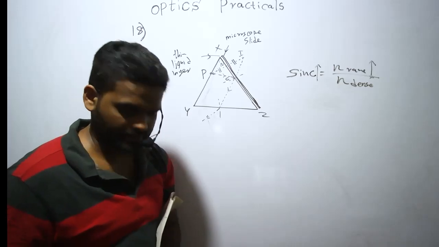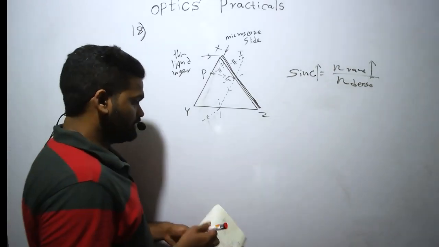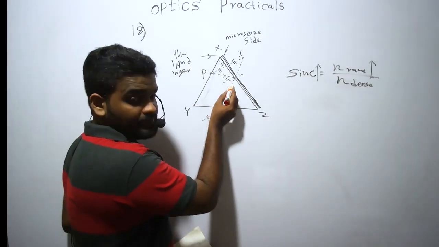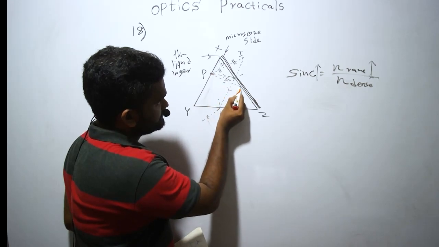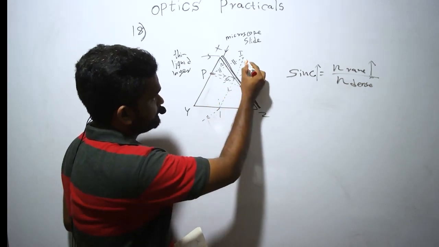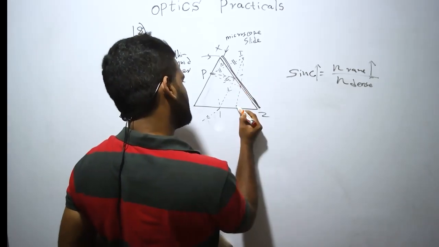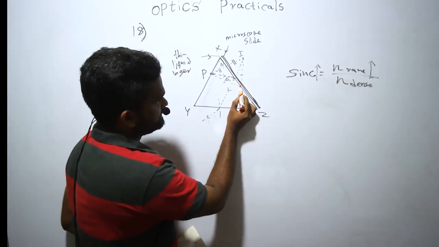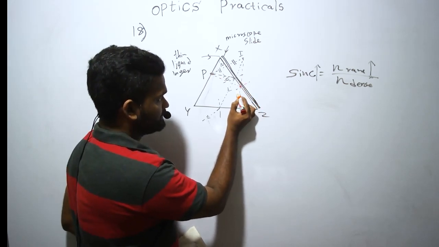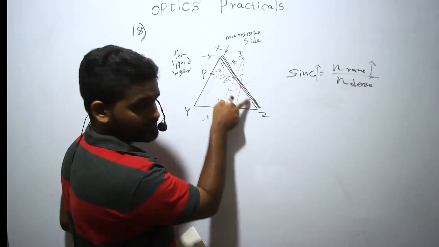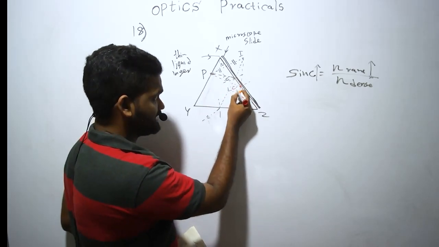So how do we draw that? If it is a larger value, the critical angle will be gained somewhere here, right? Just draw this line. Now you can clearly see the critical angle is gained at a point somewhere here. Beyond this point, when there's a liquid layer, let's say that angle is C dash.